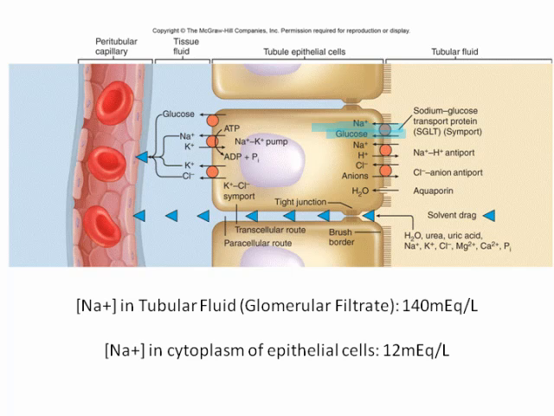All right, so we can see that the sodium here is moving from the tubular filtrate. Here is the tubular filtrate, outlined here in yellow. The epithelial tissue is outlined here in blue.